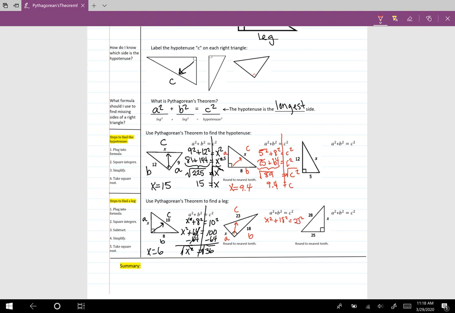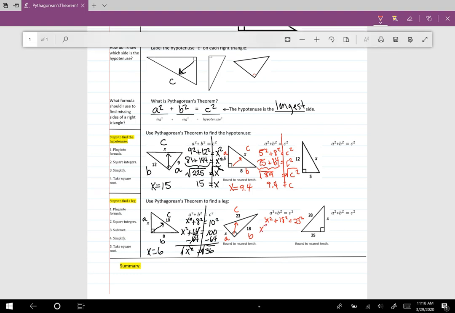Okay, so I'm going to have to get my calculator out for this one. I know that 18 squared is 324. And 23 squared is 529. So we're solving for x squared. We need to subtract 324 on both sides.